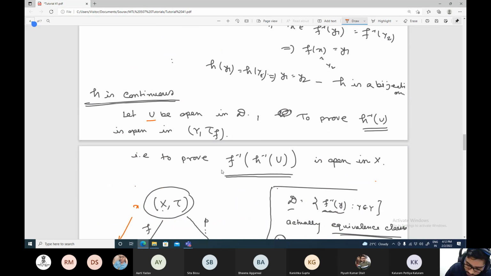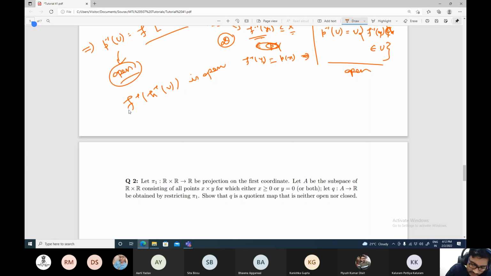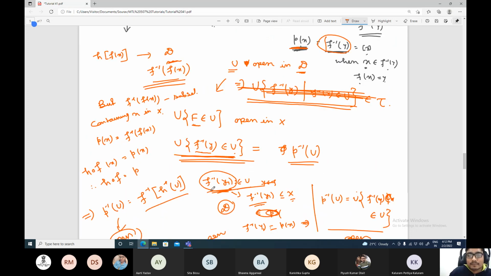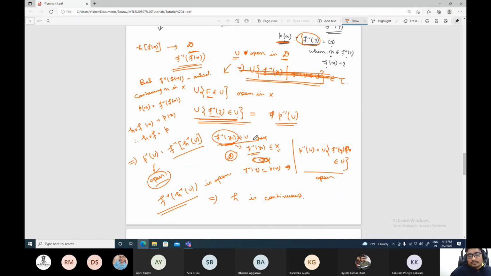So to prove this one is open, we have proved that F inverse of this is open, therefore it is continuous. Clear? Yes, sir. Okay.